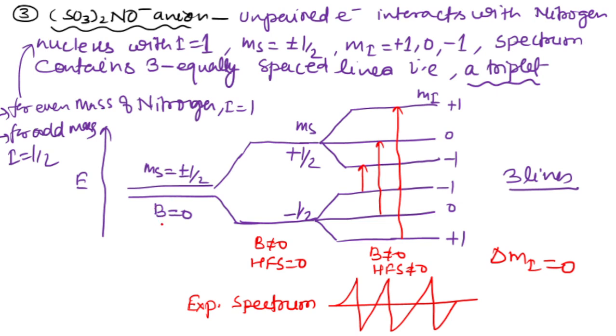Similarly, in the first stage you will get a degenerate level, and after applying the field you will see this splitting. Then again you will see the hyperfine spectra due to the presence of magnetic fields. So you will get three lines here, and in the experimental spectra you will see three peaks.